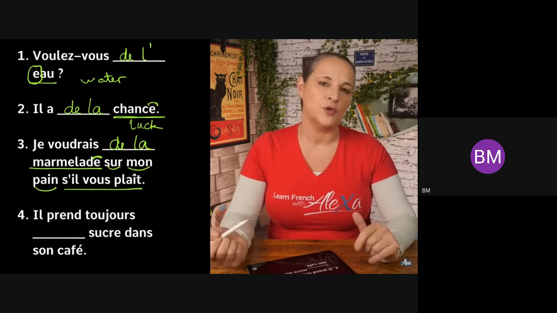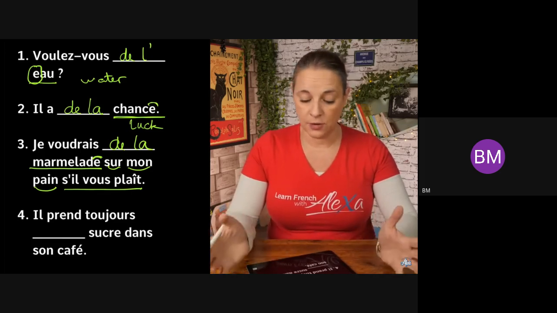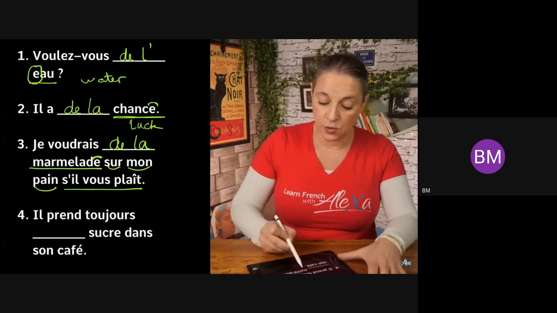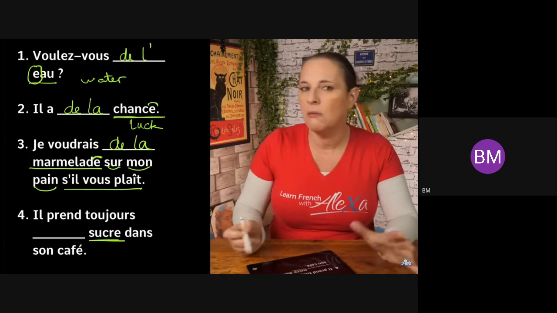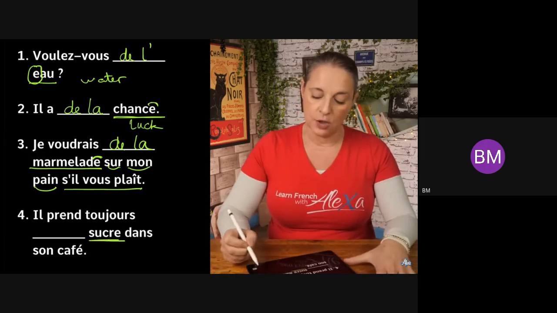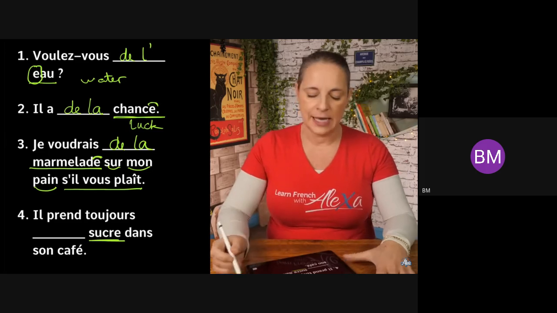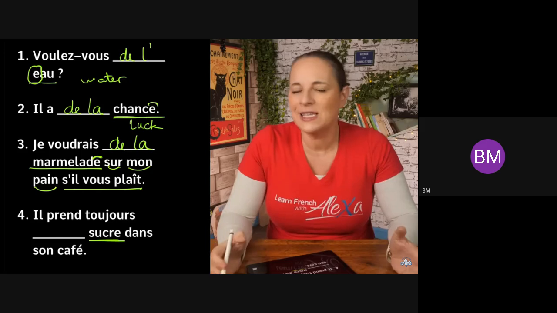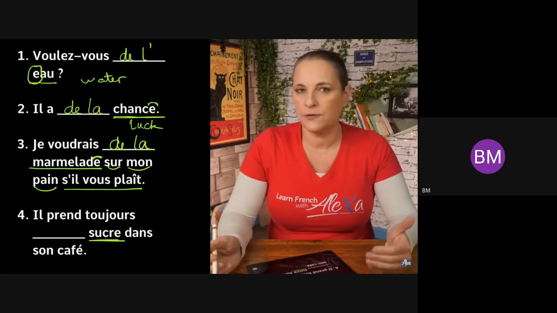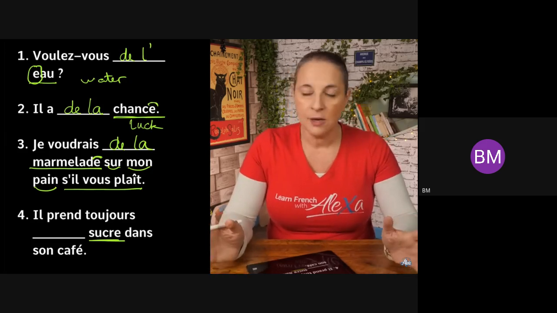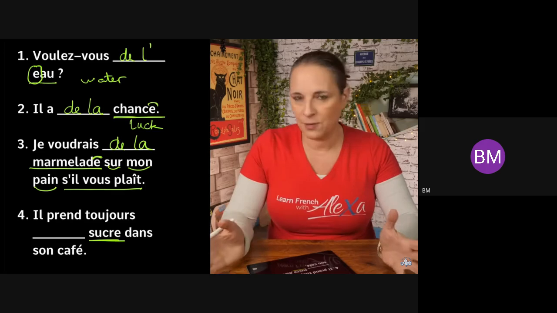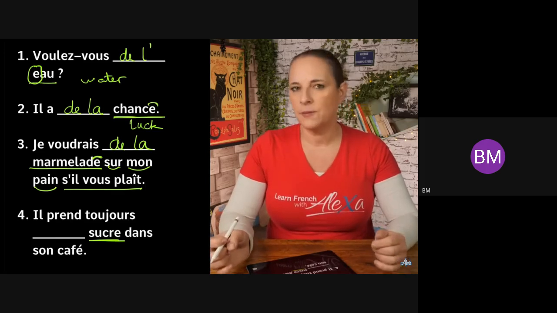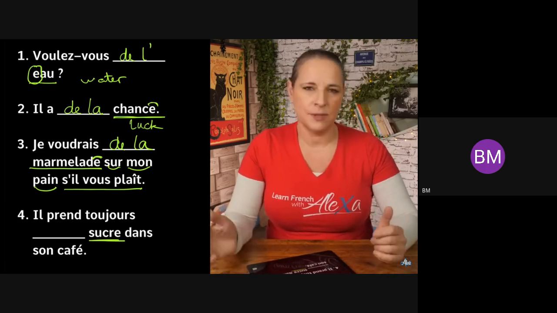Il prend toujours something dans son café. So, toujours something sucre, that's sugar, okay, dans son café. Okay. Il prend toujours du sucre, de la sucre, de le sucre, des sucres. Well, it can't be de l' or des. Okay, we know that because it's not plural. It doesn't begin with a vowel or an H. But it can be du and it can be de la.